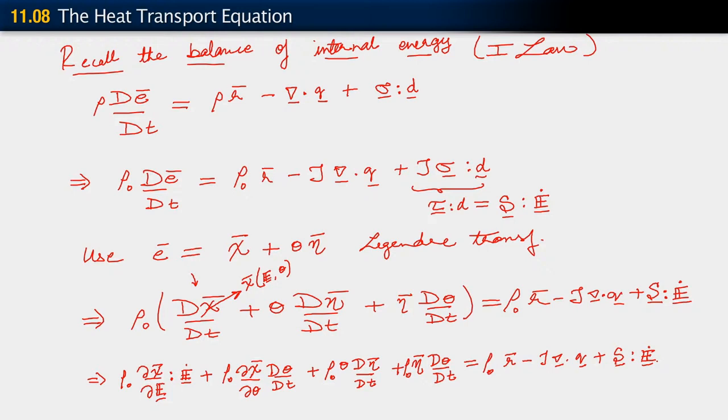Now, in the last segment, we demonstrated that this is S. Also, we demonstrated that this partial of chi bar with respect to theta is minus eta bar. What that lets us do is to observe that this term cancels out with the stress power and this term cancels out with this one.